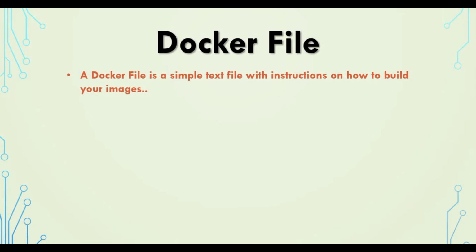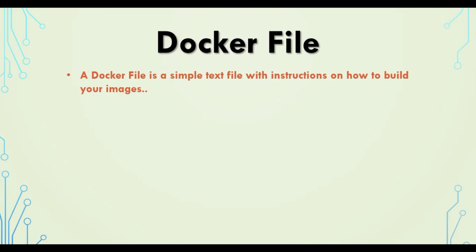Okay. So in simple terms, a Dockerfile is a simple text file with instructions on how to build your image. In the previous sections, when we discussed images and image layers, we saw how an image is created in different layers, and each layer contains some data given as part of the Dockerfile instructions, right?